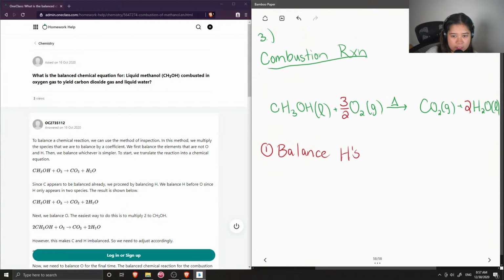So you'll notice that since I only had 3 on this side, I wanted to add a coefficient in front of my O2, just however many remaining oxygens I needed, and then divided by 2, just so that it will cancel out that O2. Okay, so step 2 was to balance out the oxygens.